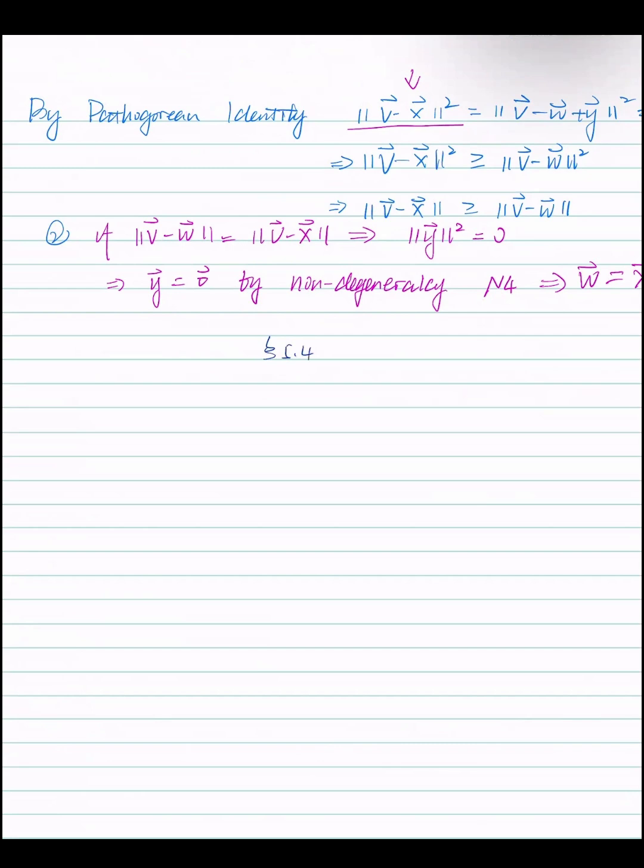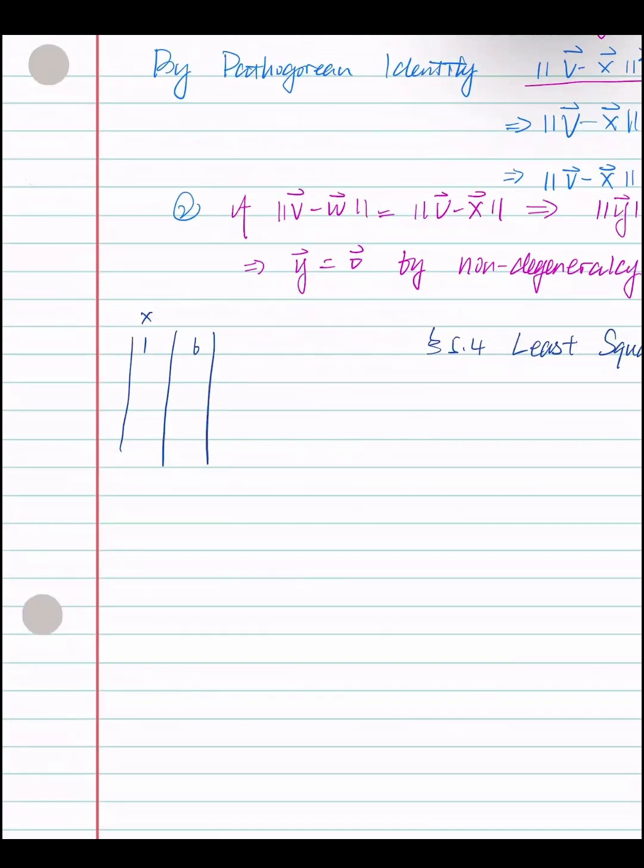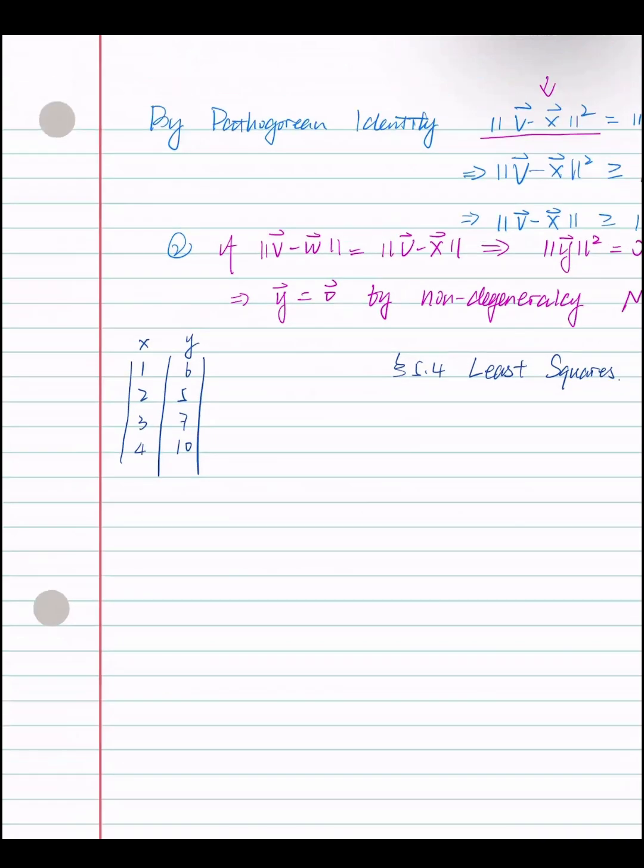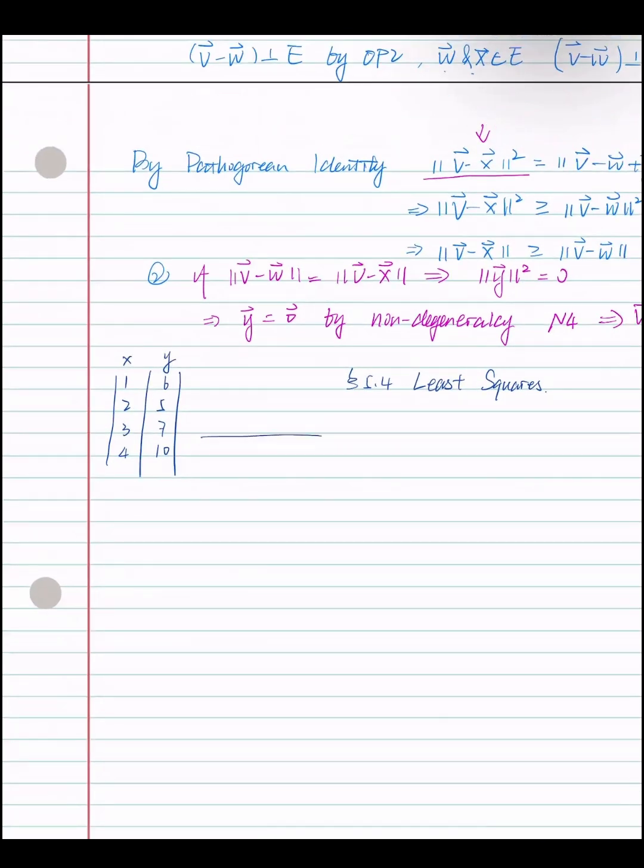Whenever we're given a set of data points, for example 4 rows of data points of x and y here, we want to do a linear regression to find the line that matches these data points so that we can predict future points.